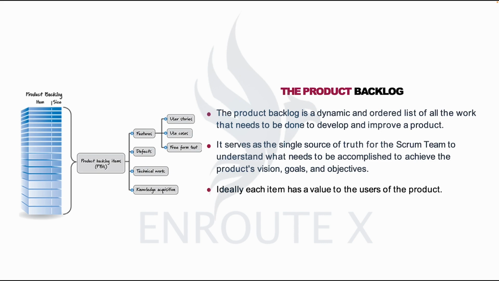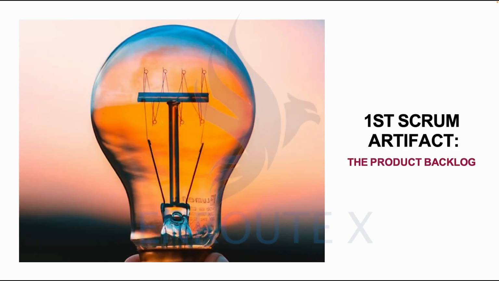And in the third lesson, we looked at the product vision, what the elements of a vision statement are, and the rest. So in this class, we'll be looking at the artifacts in Scrum.